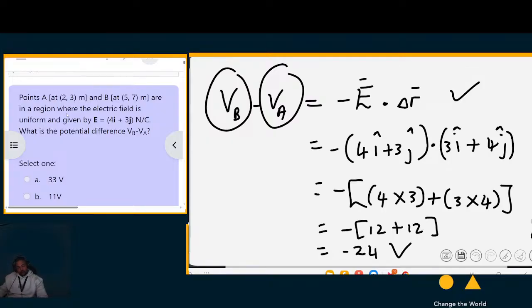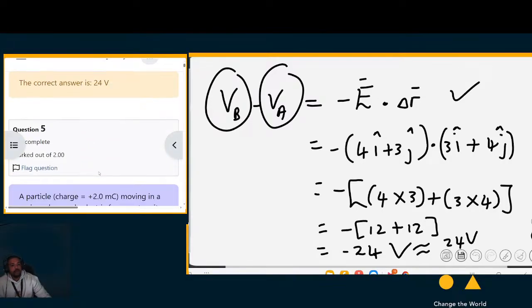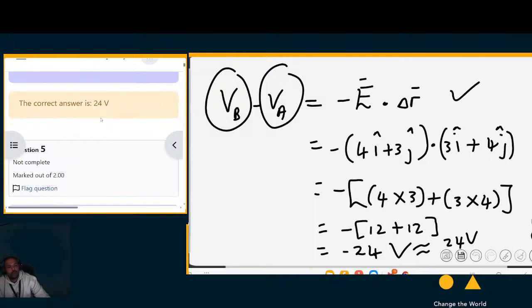Of course, the voltage here is a scalar, so 24 volts. Correct answer, 24 volts.